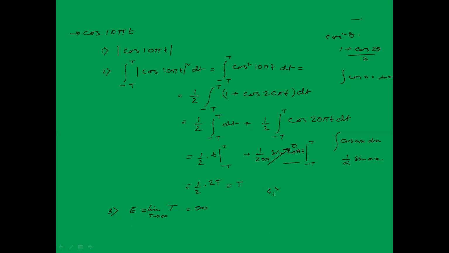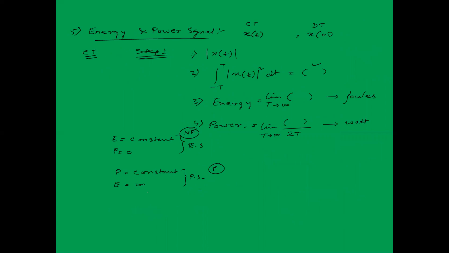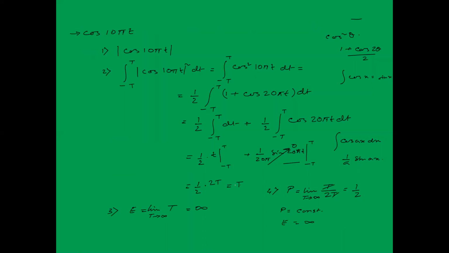And power P equals these things, that is this T by 2T, and as T tends to infinity, this T cancels out, so this is half. So P is constant and E is infinite. So according to my previous slide, P is constant and E is infinite, so it is a power signal.